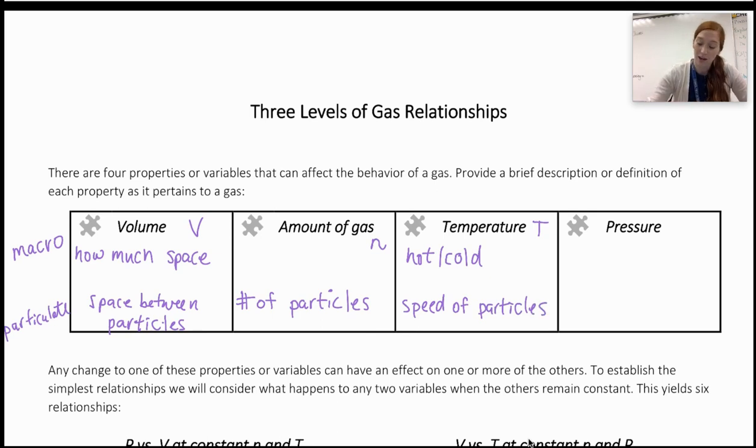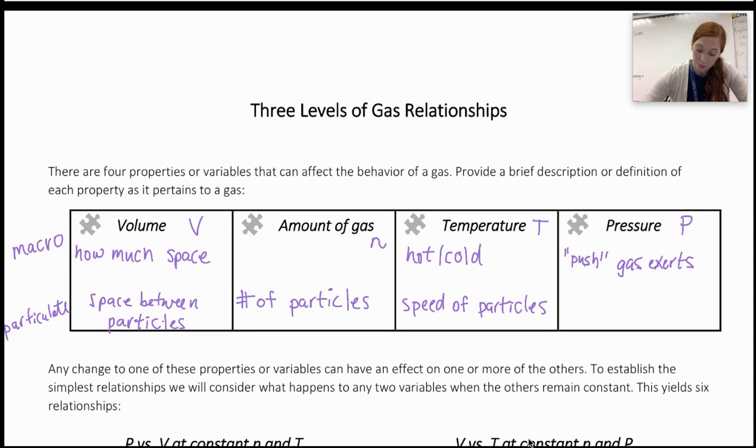And then finally, pressure, capital P. This is a push or force that a gas exerts, as far as our macro definition. And remember, this is one that is really commonly confused or a misconception, is pressure at the particulate level. And this has to do with particle collisions.